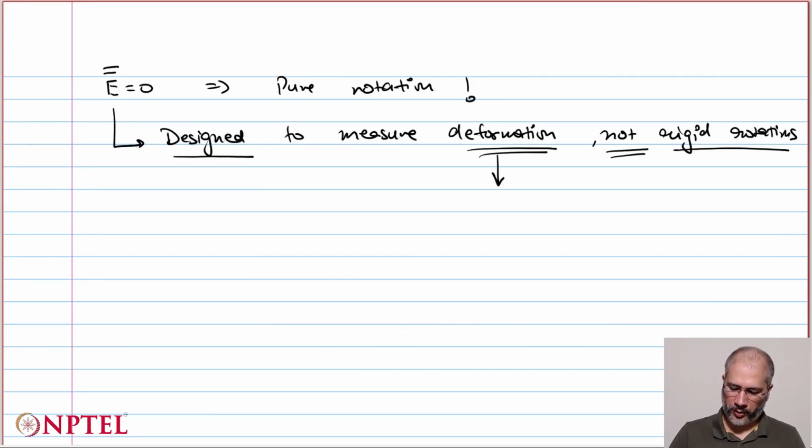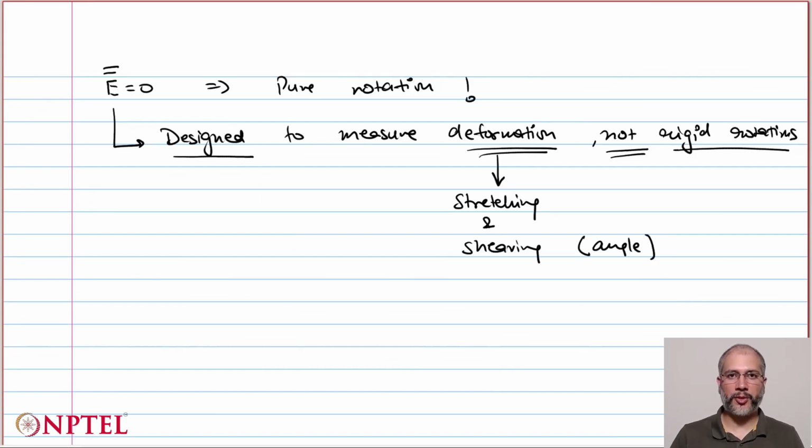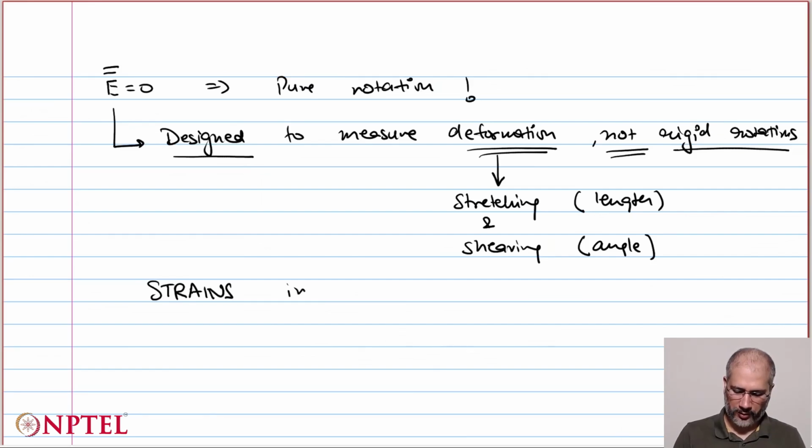So this deformation we are talking about can be a stretching because E has information about change in length as we just saw, and also shearing. So shearing is when the angle between elements change, and stretching is when their length change. So strains in general will be defined just one. There are others as well.